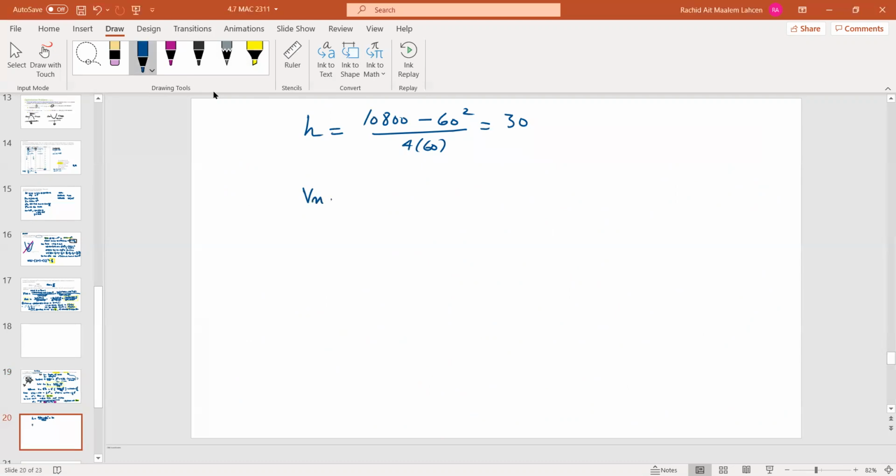So the maximum volume that this surface area can cover is B squared H. So we will use 60 squared and 30, which will give us 108,000 centimeters cubed.